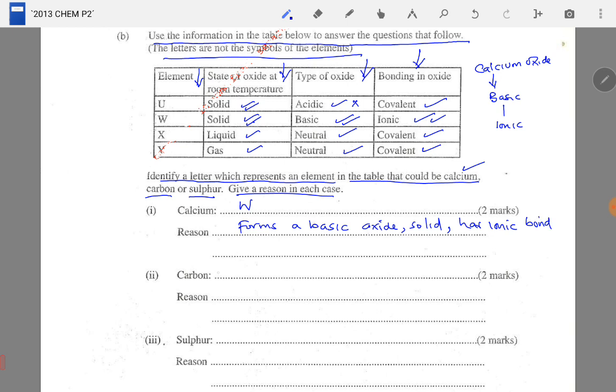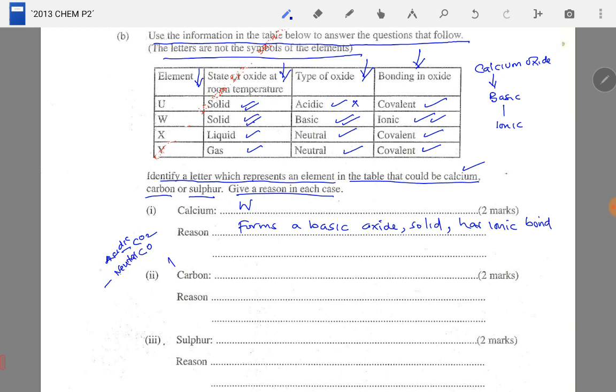That we know. Carbon, this one gives us two oxides. There is carbon 2 oxide, there is carbon 4 oxide. This one is acidic, this one is neutral, sorry. Yes, neutral.